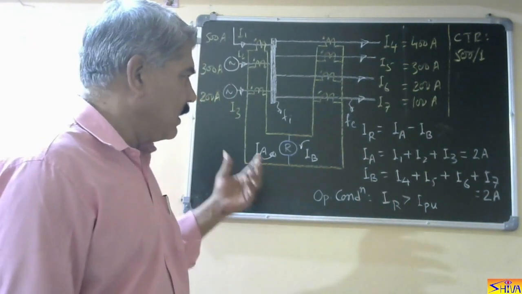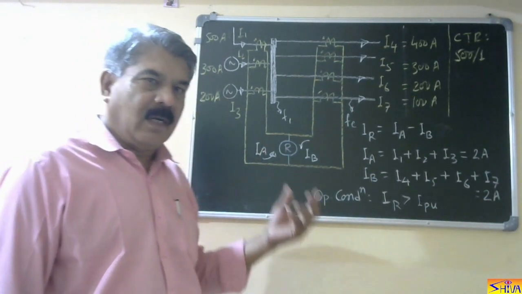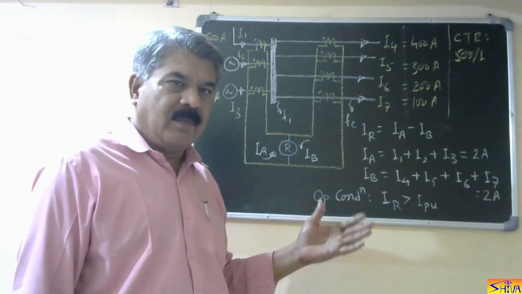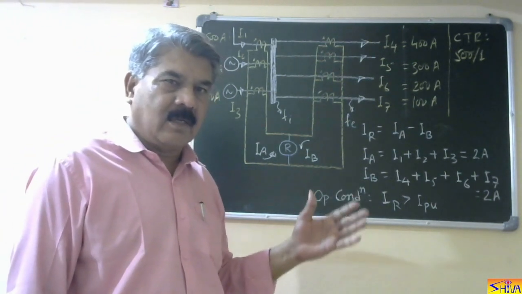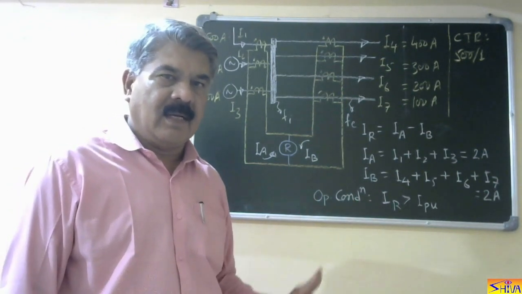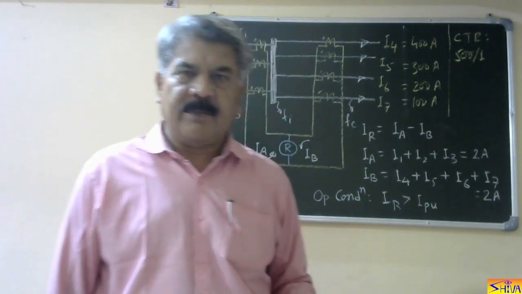So we can see that when we use a differential protection scheme for the bus bar, it operates for internal faults only. It remains stable during external faults and does not operate when the system is in healthy condition. That is all about bus protection.